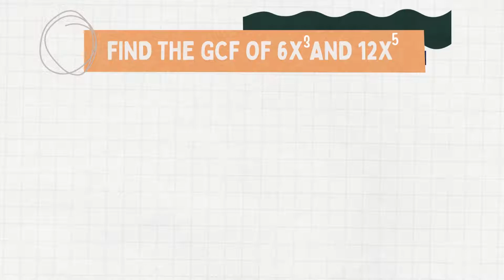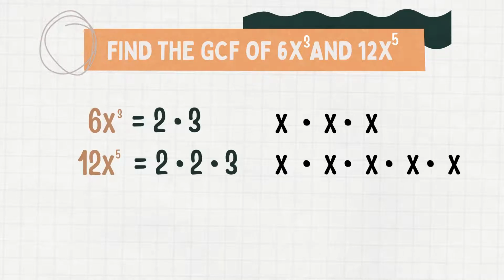With that, let's find the greatest common factor of 6x cubed and 12x raised to 5. Following the first step, we find the prime factors. To make our solution organized, let us separate the factors for numerical and literal coefficients. For 6x cubed, 6 is the product of 2 times 3, and x cubed is equivalent to the product of x written 3 times.